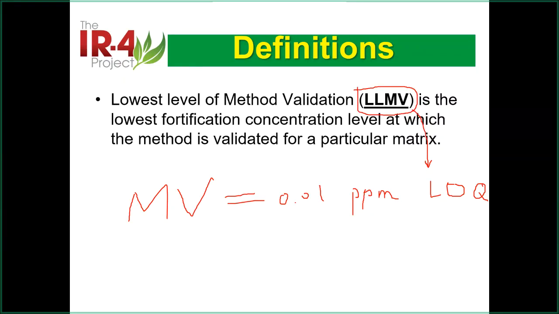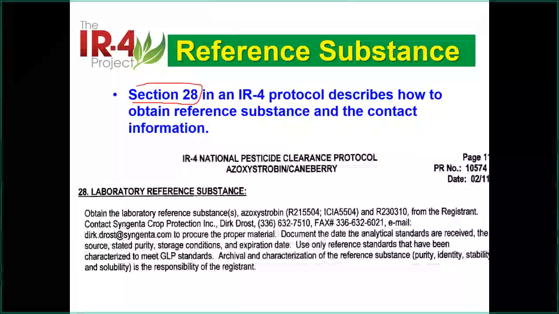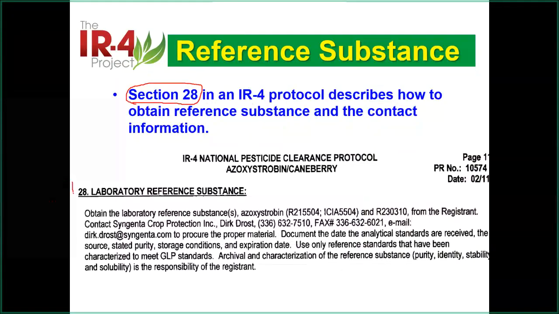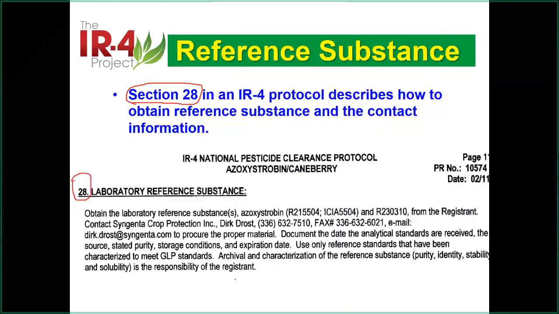We talked about the same thing yesterday. Let's read this again. The reference substance, which in the lab we typically call standards. In the IR4 protocol, it's very likely, and most of them should be similar, in section 28. They have very specific terms for those things. So you need to get the GLP standards.